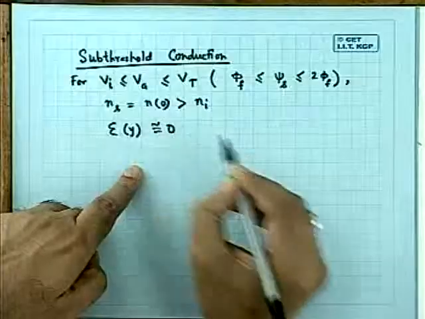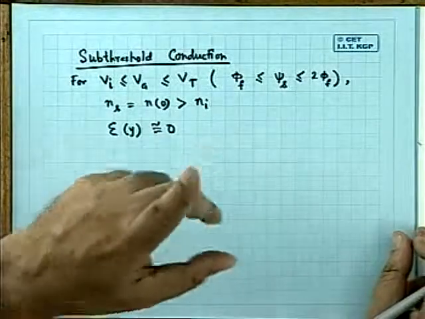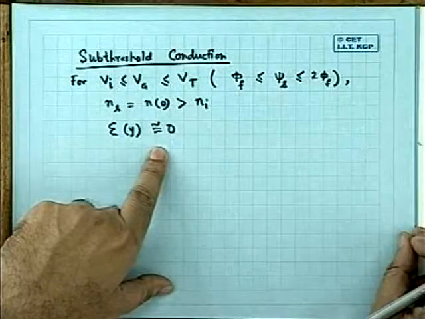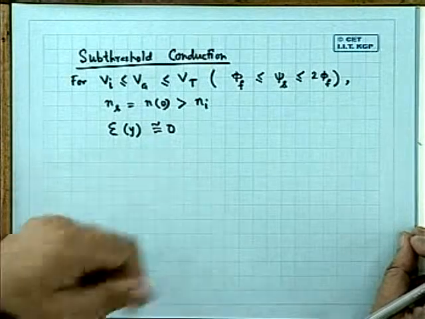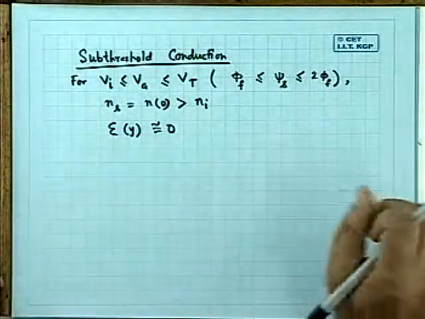So electric field in the channel at any y can be neglected in the subthreshold region, which is not true for overthreshold. This is true for subthreshold region. Under this condition, how will the current flow?